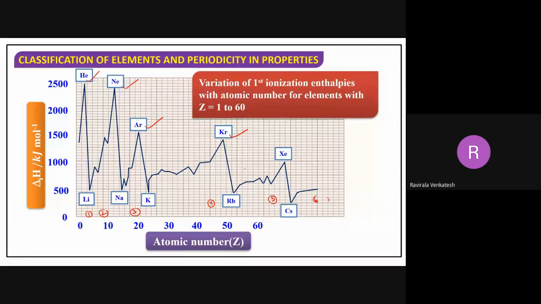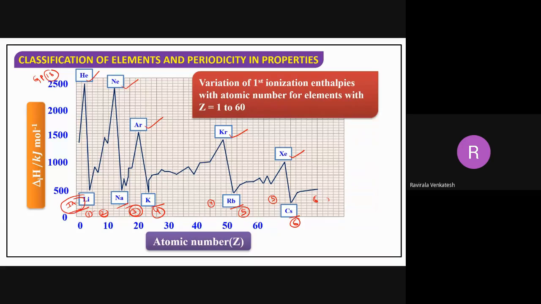In the fourth period, krypton is highest. In the fifth period, xenon is highest. So what I'm observing here is that in any period, group 18 elements have the highest ionization potential, and the lowest you get from the first A group element, in all the cases: first, second, third, fourth, fifth, sixth period.